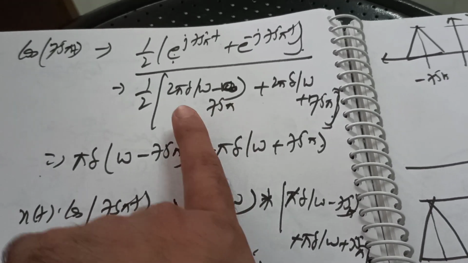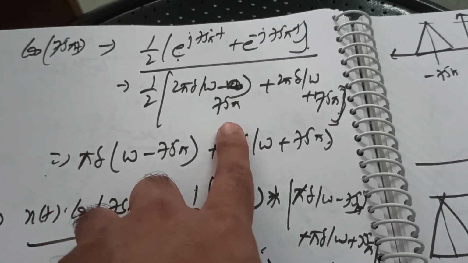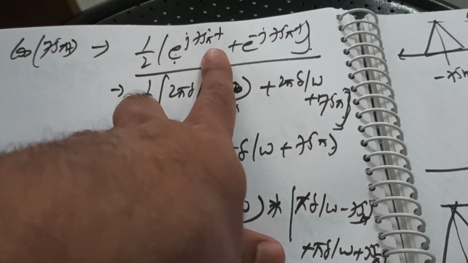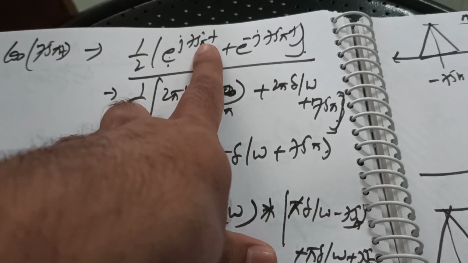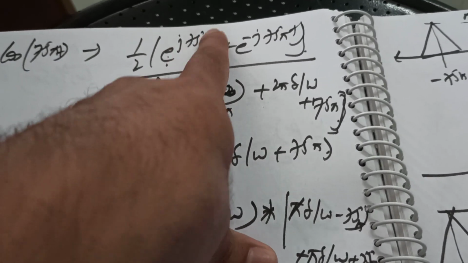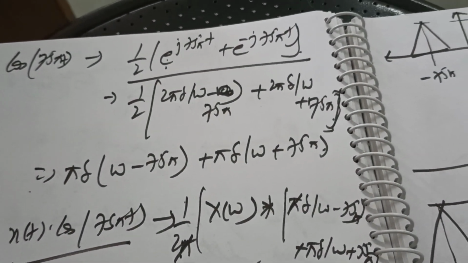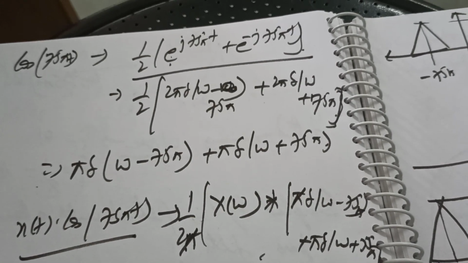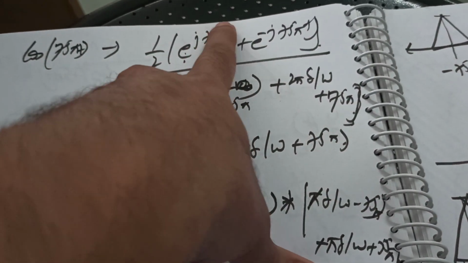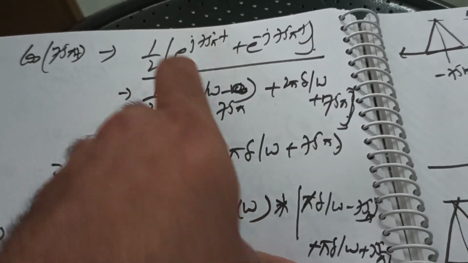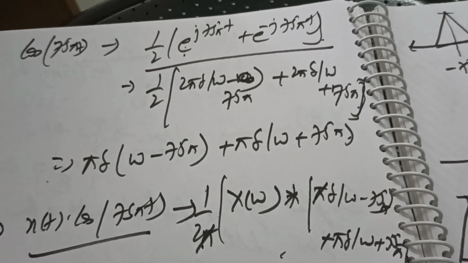This impulse will be present at 75 pi, and that is represented by e to the power j 75 pi t. You remember the Fourier series expansion, C n e to the power j n omega naught t. Clear?